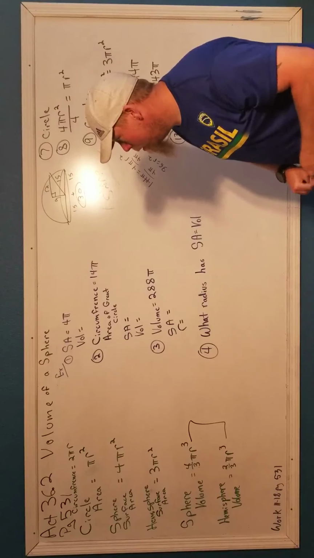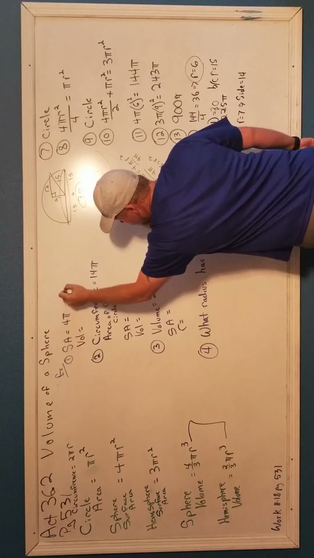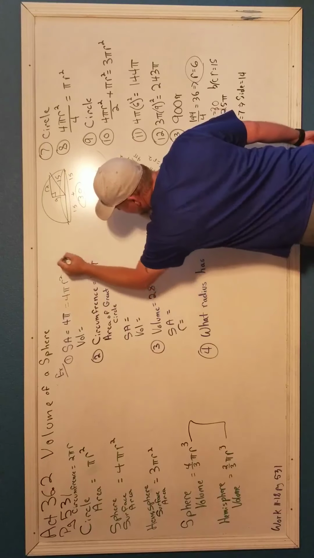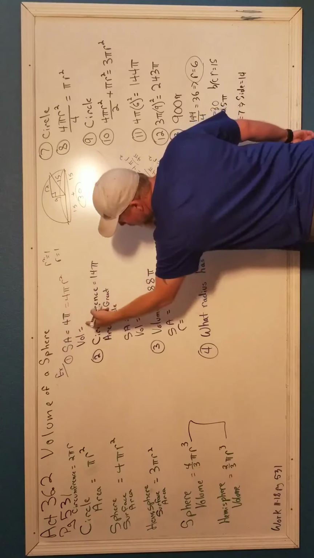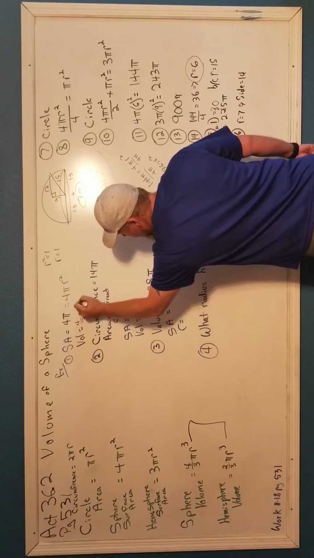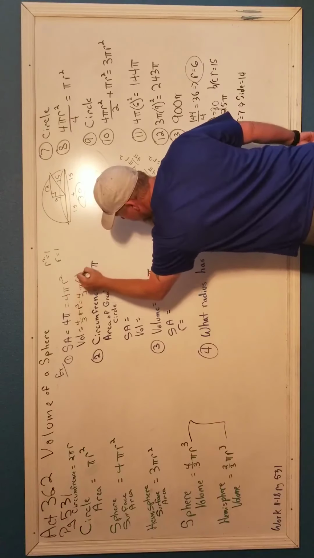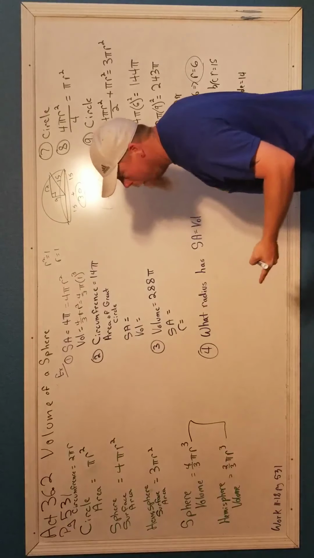So, number one, surface area is 4 pi. We set that equal to the formula for surface area, 4 pi r squared. Notice 4 pi and 4 pi r squared. That means r squared equals 1, so r equals 1. Volume formula, 4 over 3 pi r to the third, so 4 over 3 pi times 1 to the third power. 1 times 1 is 1 times 1 is 1, all right?